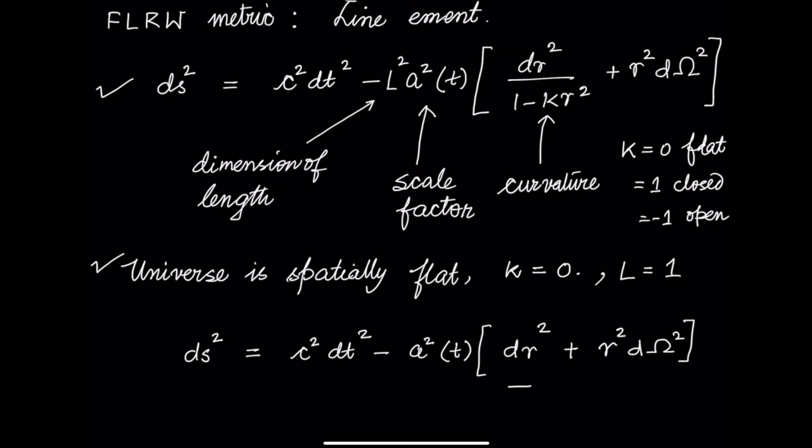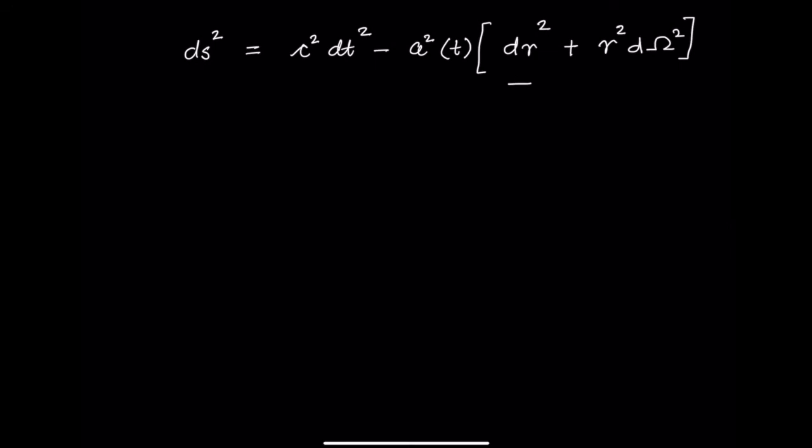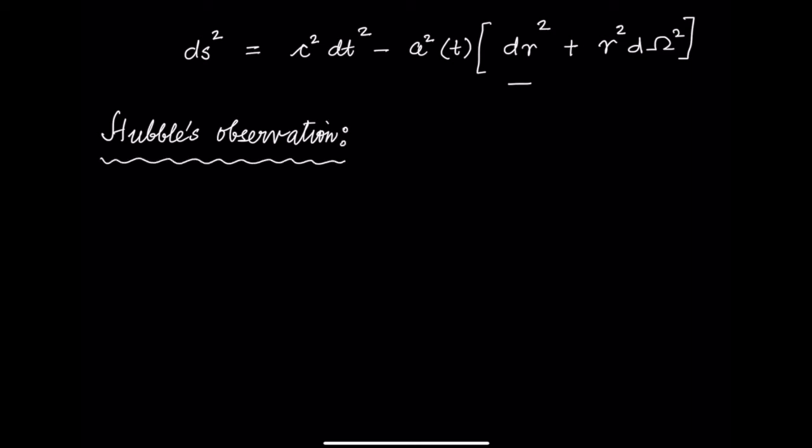Okay, so now let us try to explain Hubble's observation using this metric. Hubble's observation is all about the path of radial light rays. So I don't need to consider the angular part of the metric.